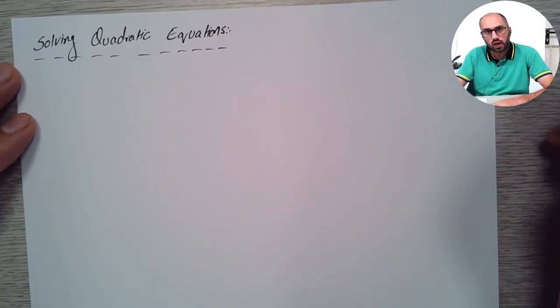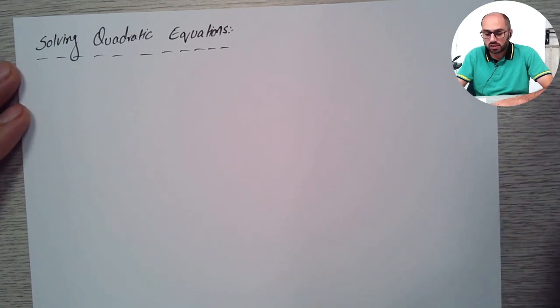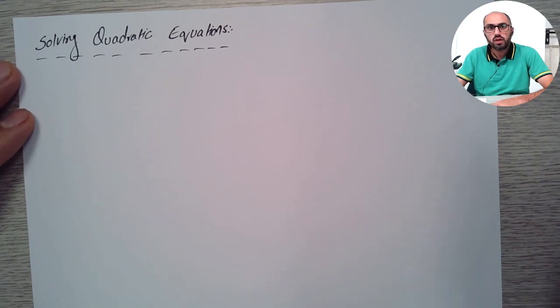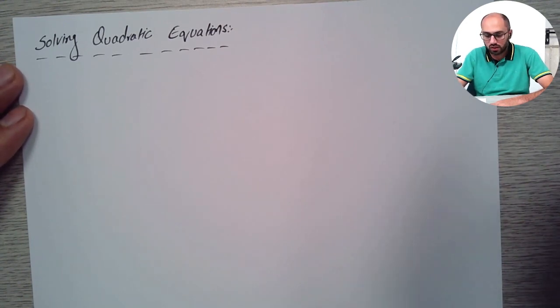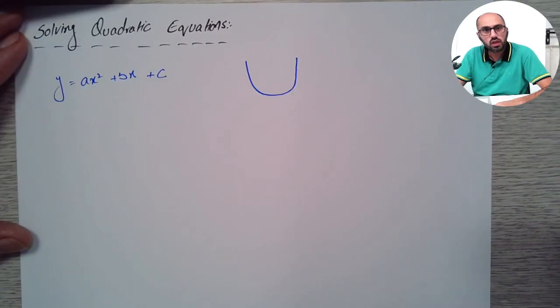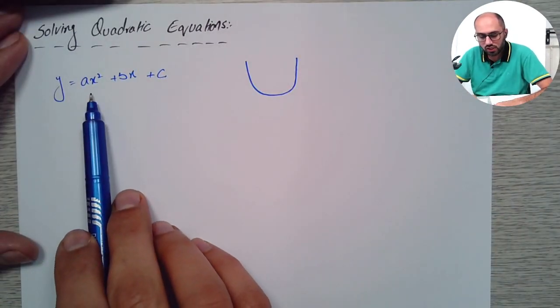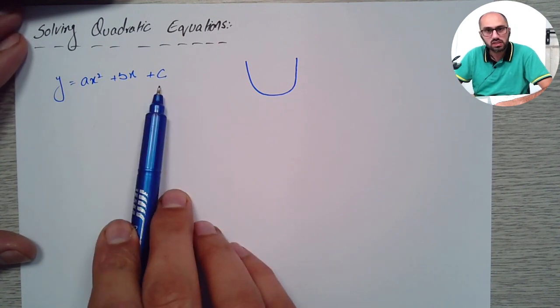Now that we know how to factorize a given quadratic equation, the next step is about solving quadratic equations. But before we look at how we solve quadratic equations, the first thing we need to ask ourselves is, why do we solve quadratic equations? Consider the graph of the equation y equals ax squared plus bx plus c.